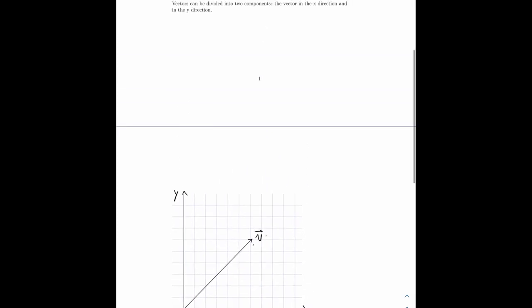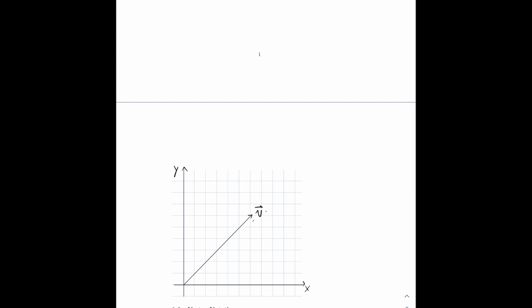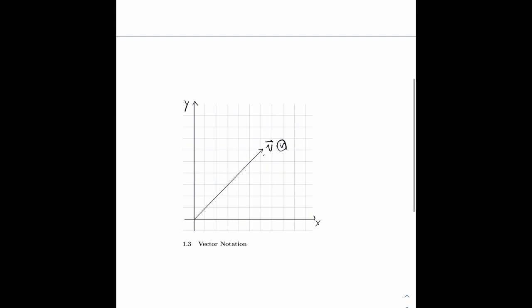What it means to write vector components is that we're dividing this vector by how far it spans in the x-axis and how far it spans in the y-axis. So for this vector v, it spans 1, 2, 3, 4, 5, 6 units in the x direction, and 1, 2, 3, 4, 5, 6 in the positive y direction. So we can say it spans 6 units in the positive x and 6 units in the positive y.